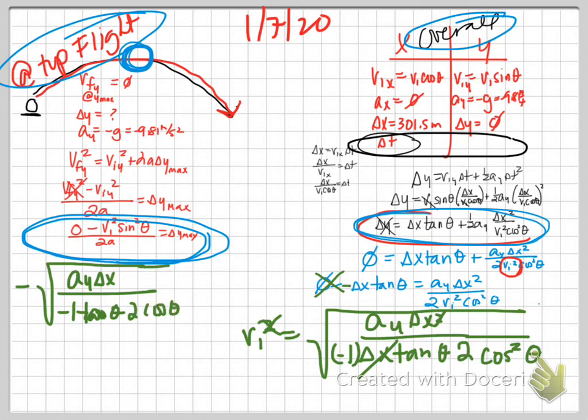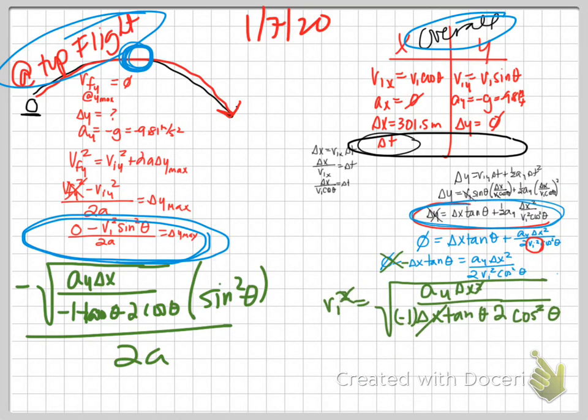That whole thing times sine squared theta over 2a gives us delta y max.